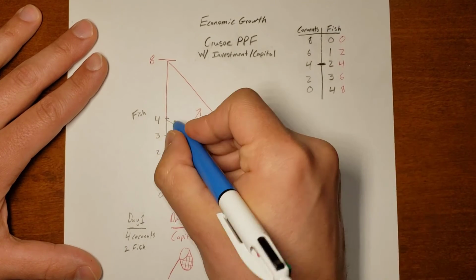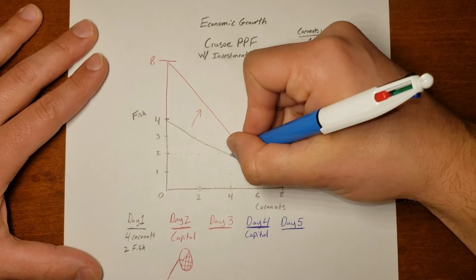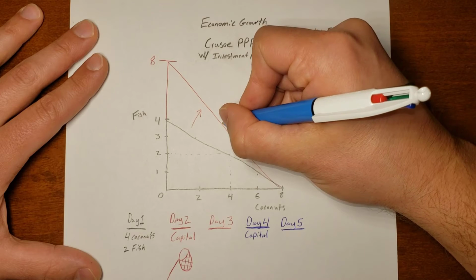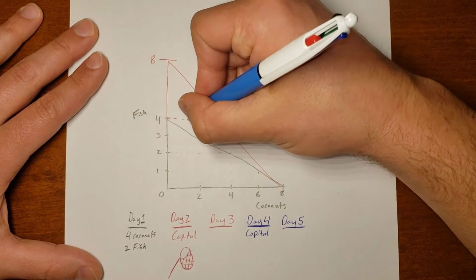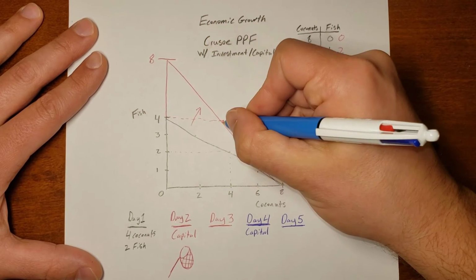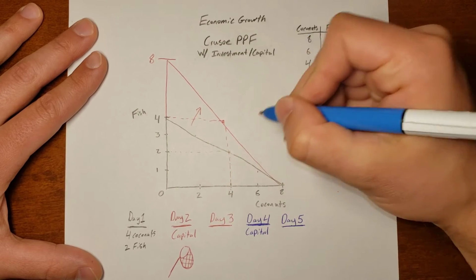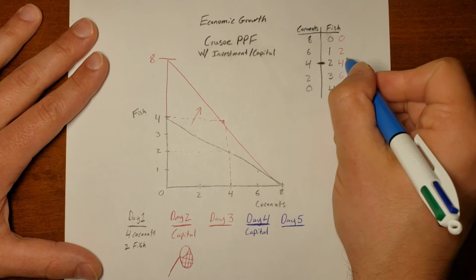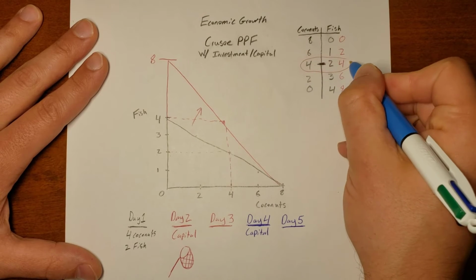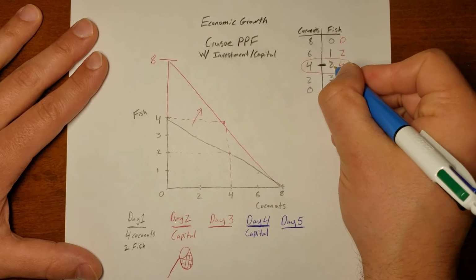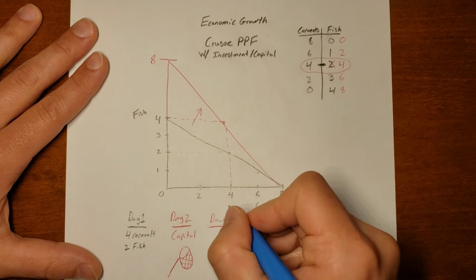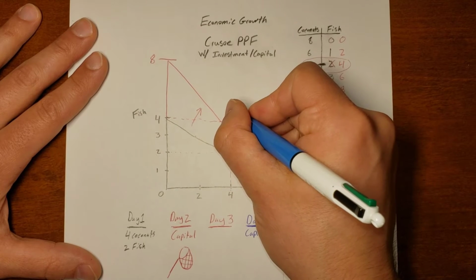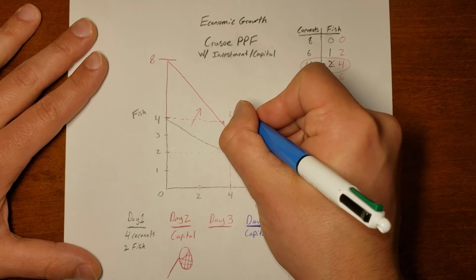Okay, so roughly speaking, it should have been right about here. So he can now produce, on day 3, if he's still doing half and half, no longer 2 fish, but 4 fish and 4 coconuts.